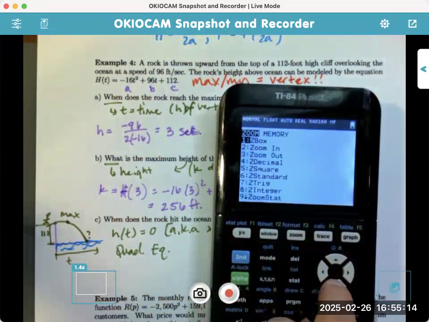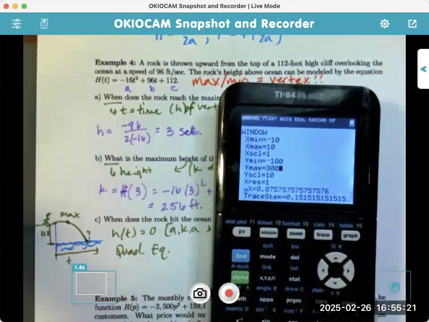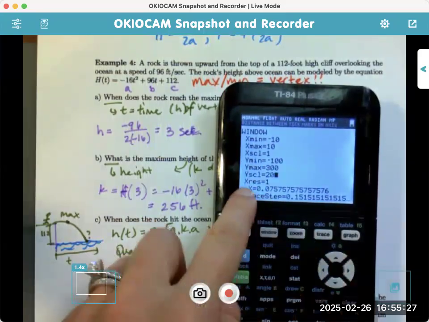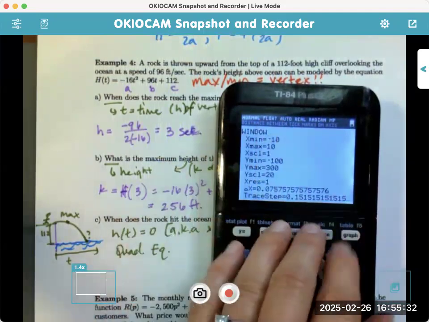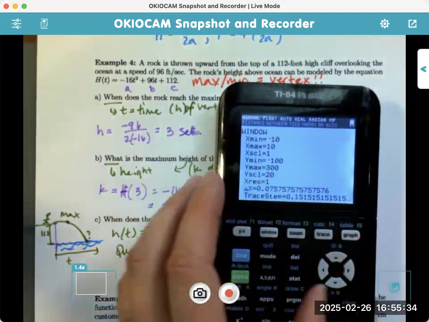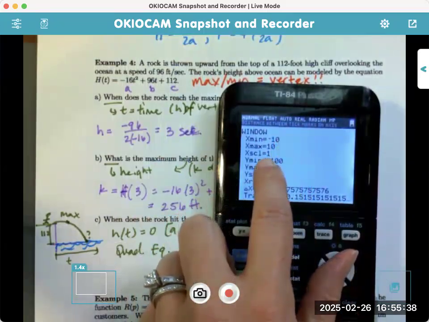Then, window. I need to make my Y max 300, and now I'm going to go by a tick mark of 20. So on the Y scale, all of my tick marks represent 20. The graph is not square because my X is 10 by 10 with ticks of 1.